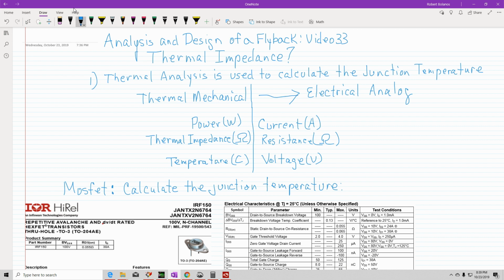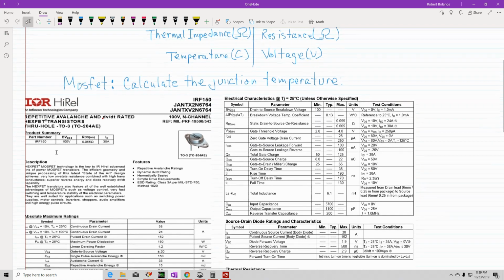And I had mentioned that this part, if it continued working, would heat up and burn up, but I didn't show that yesterday. So I thought about it and wanted to see if there was a way that I can show it through simulation, and I came up with this little circuit.